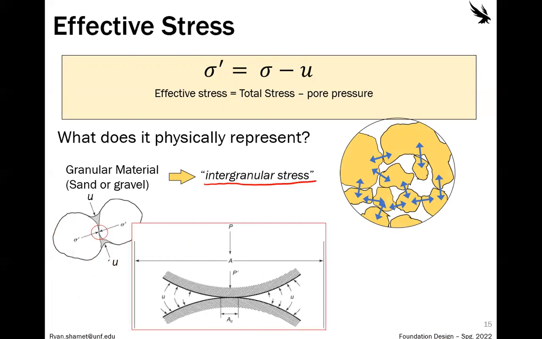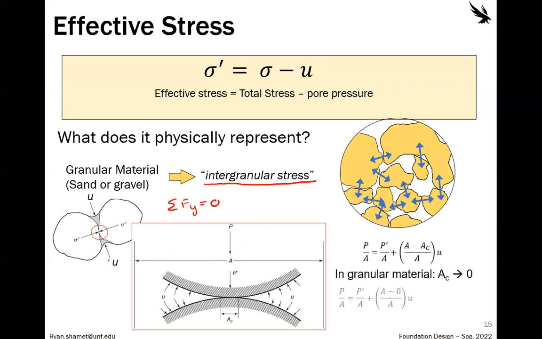If you were to do all the math and physics, with the sum of forces equal to 0 in a static case, and you don't have to worry about this, it all checks out and we end up with this equation where our total stress is equal to this intergranule stress plus the pore water pressure being felt.